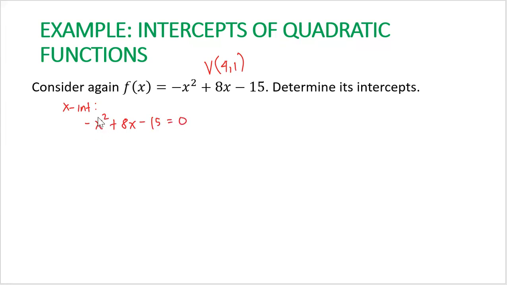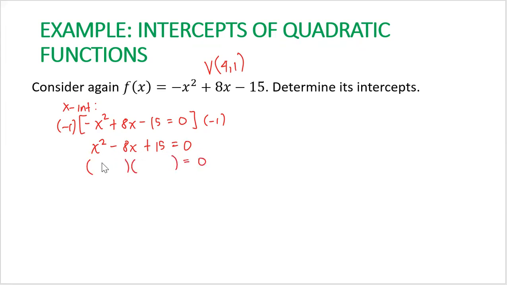And since the coefficient of x squared is negative, we can multiply both sides by negative 1. So we get positive x squared minus 8x plus 15 equals 0 times negative 1 is 0. So now this is in standard form where x squared has coefficient positive 1. So we can use factoring to solve this equation.